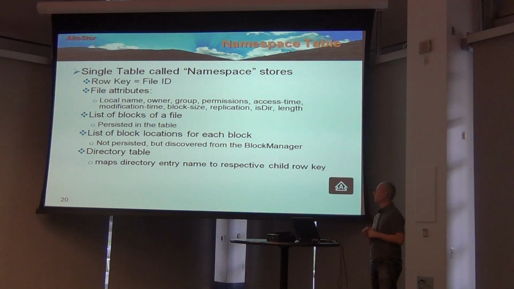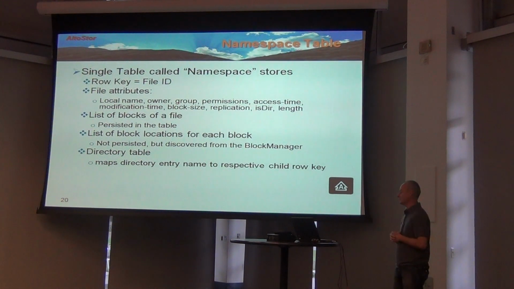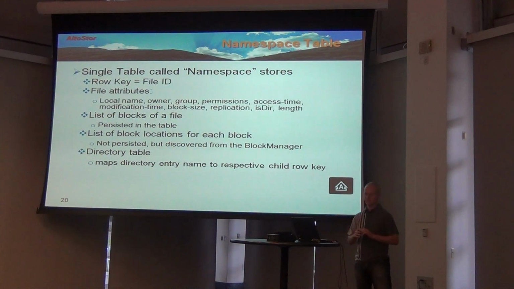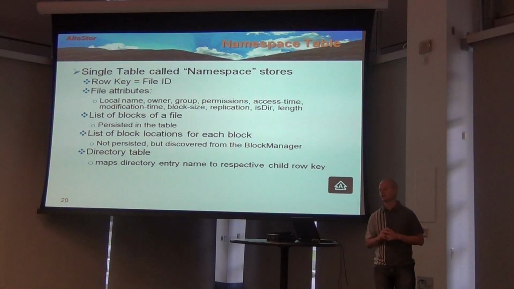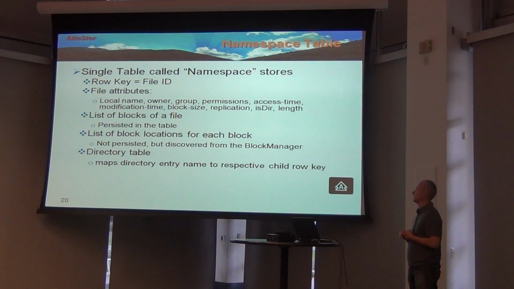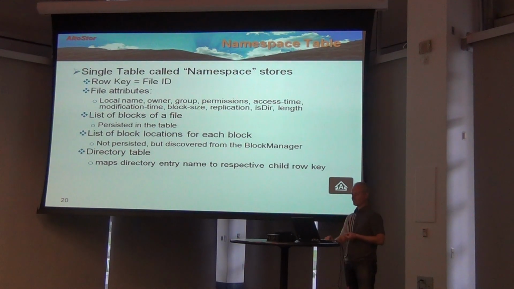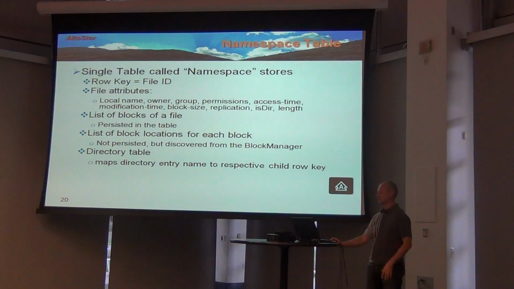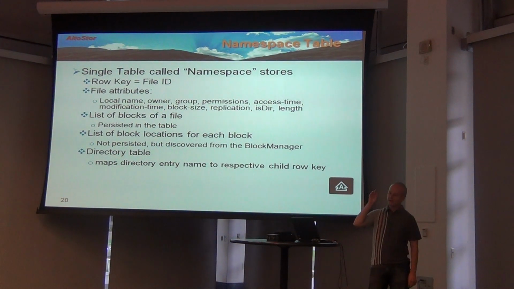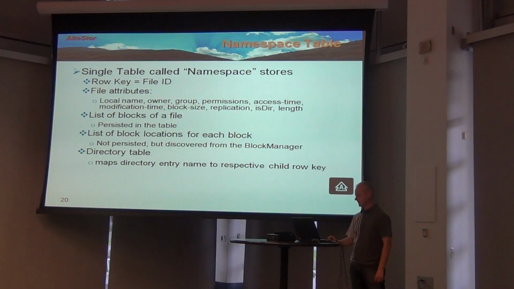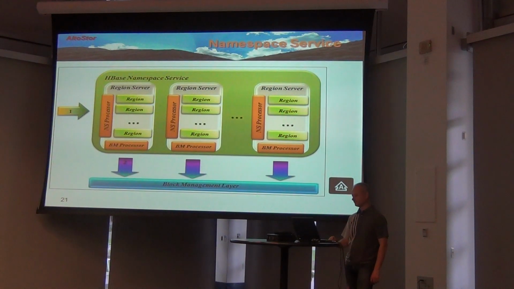It contains a list of blocks, which is persisted in the table, and it contains a list of block locations, which are not persisted in the table, they are just a cache of that information obtained from the block manager during startup. It is populated into the namespace table. And directories have an additional structure called directory table, which maps directory entry names into row keys of those entries.